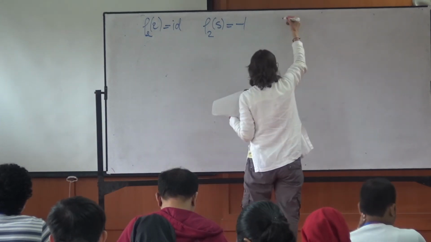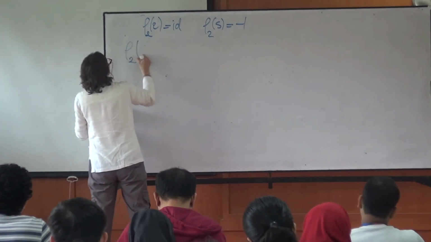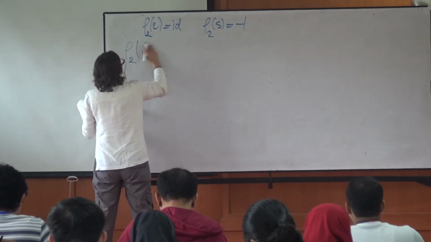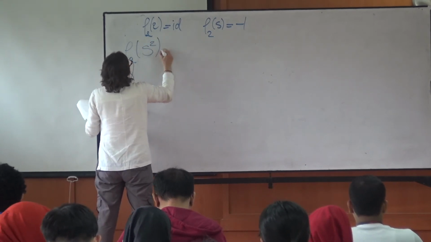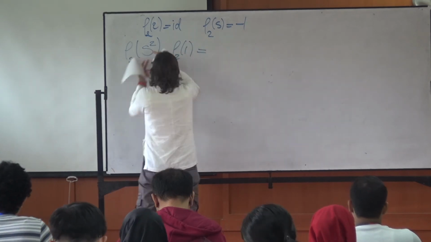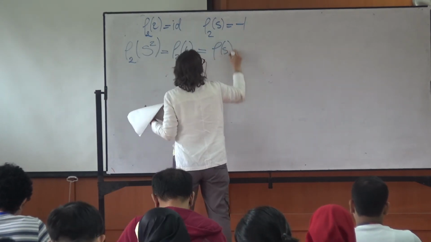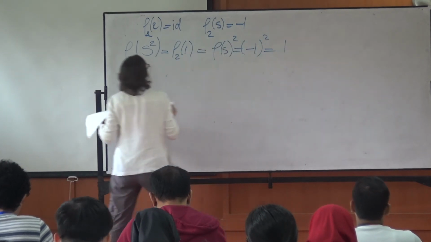So, for instance, we can check that rho 2 of S square has to be equal to rho 2 of 1, and indeed it is, as minus 1 squared is 1.